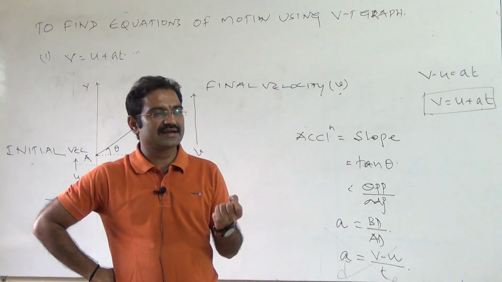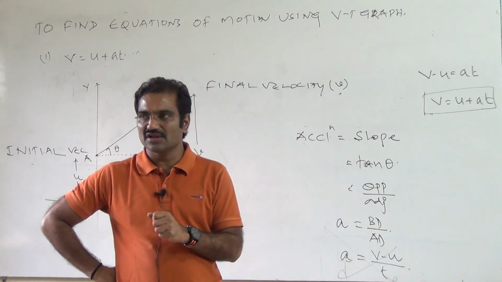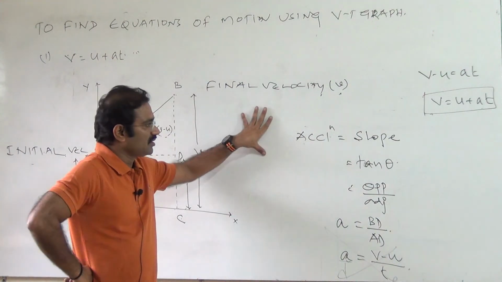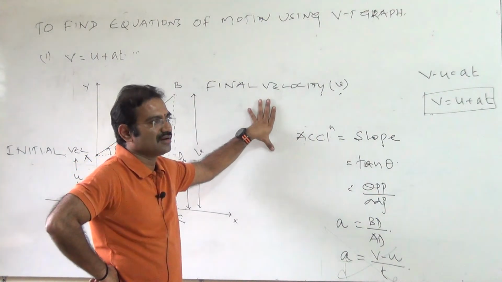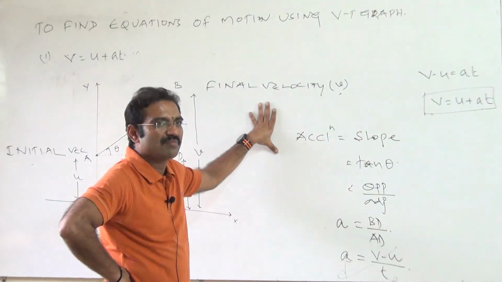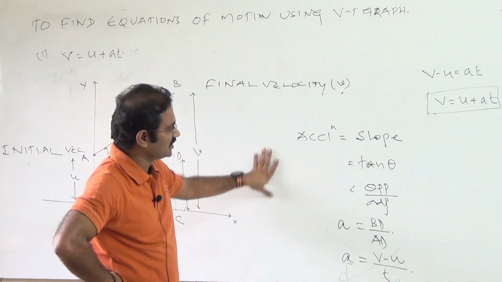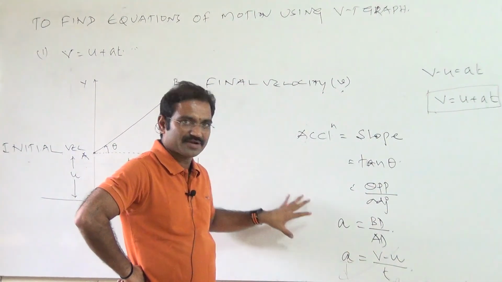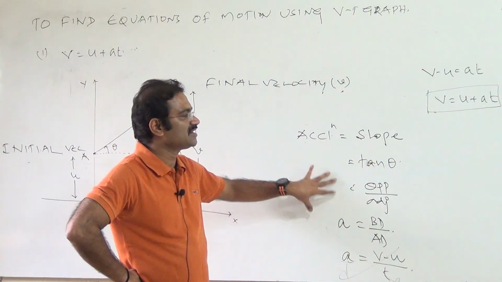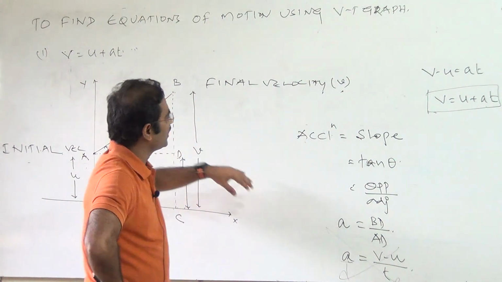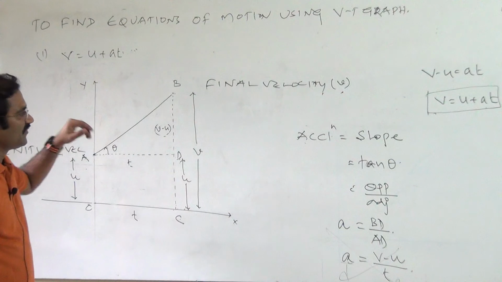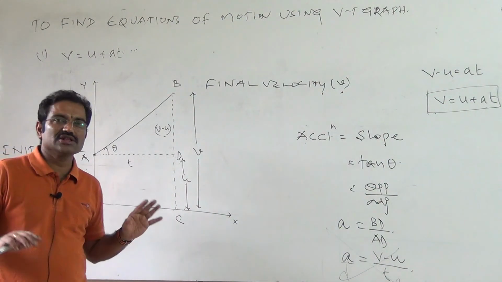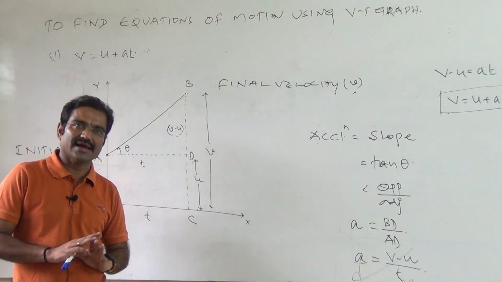Mathematics is the key for all these things. Higher physics, higher chemistry, wherever you go, mathematics plays a very important role. It is all taken from your trigonometry. It looks like mathematics, but it is physics. Almost all the derivations are like this only.